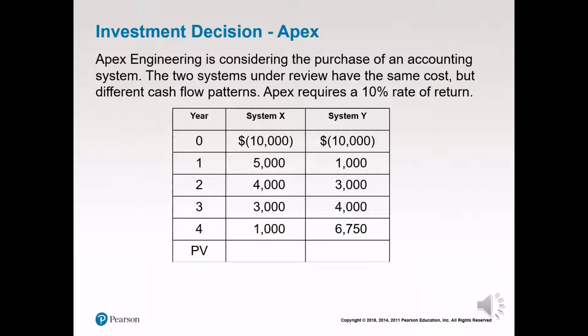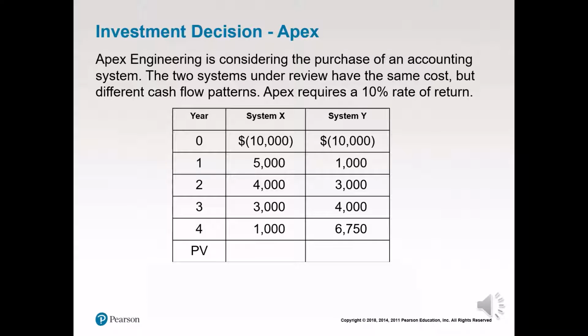Sometimes companies are trying to determine which projects they should take on, and they can take on as many projects as are profitable. And sometimes companies are trying to decide between one project or another, or one solution and another.